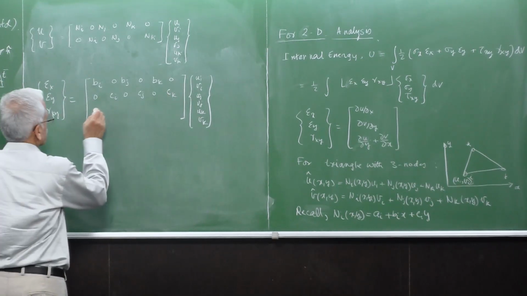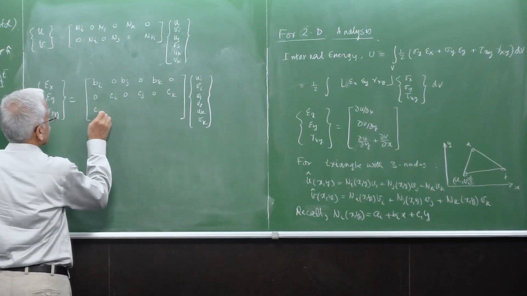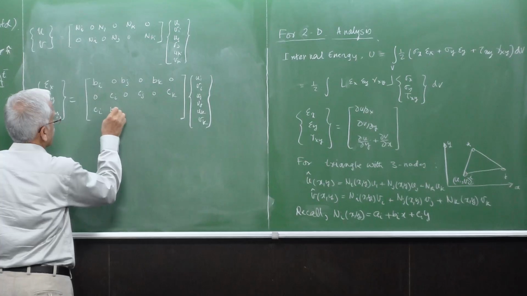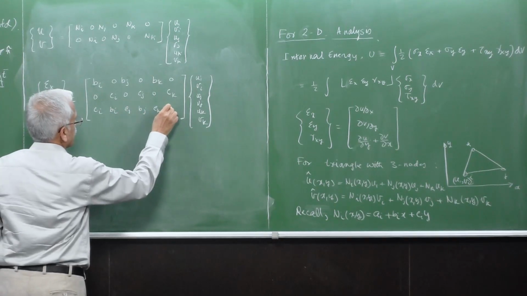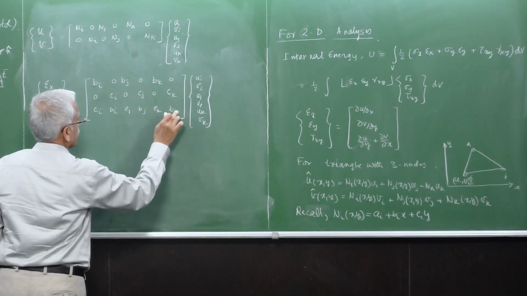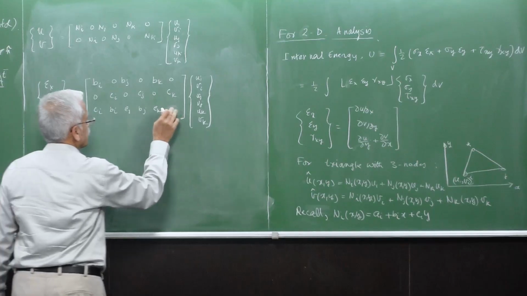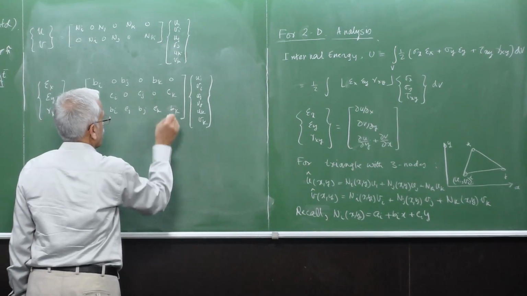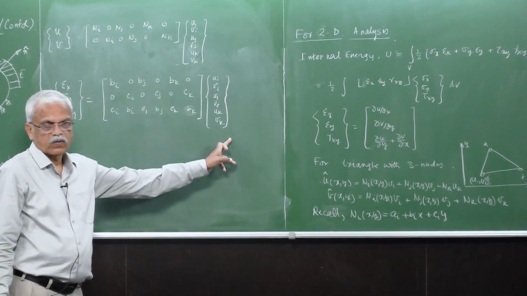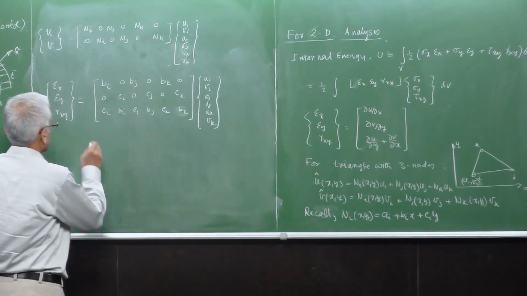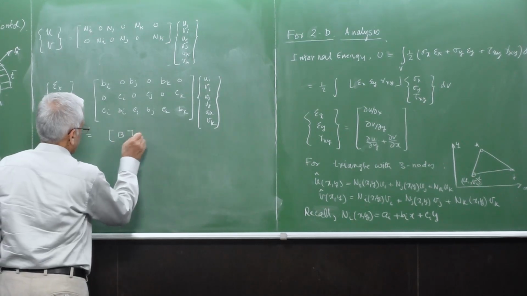So continuing this one, similarly we get the shear strain, with ci, vi, and so on. So this is the strain in terms of the nodal displacement, and this is the B matrix. We call this a B matrix.